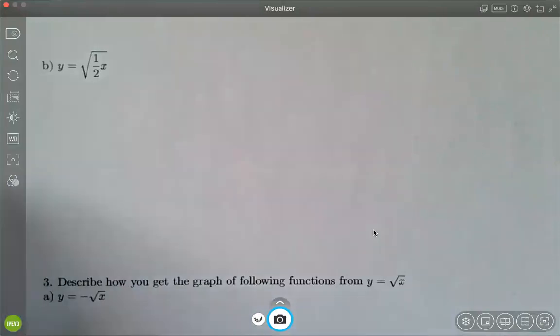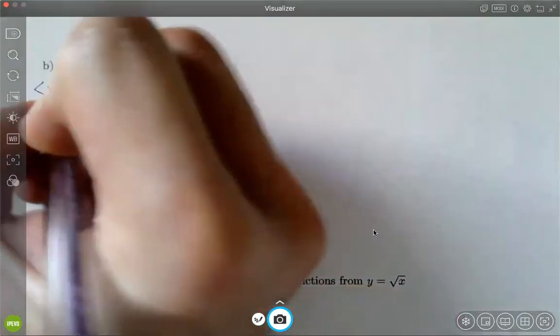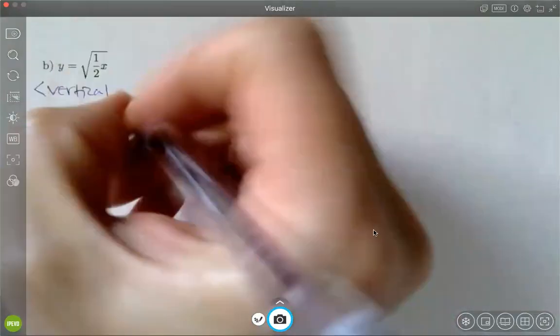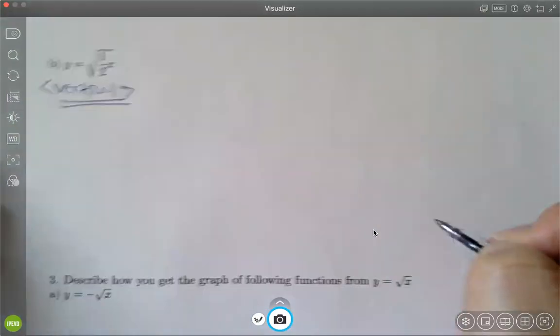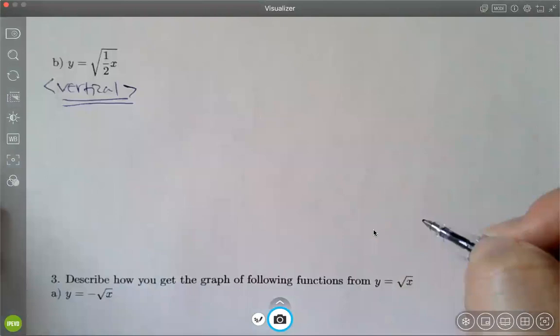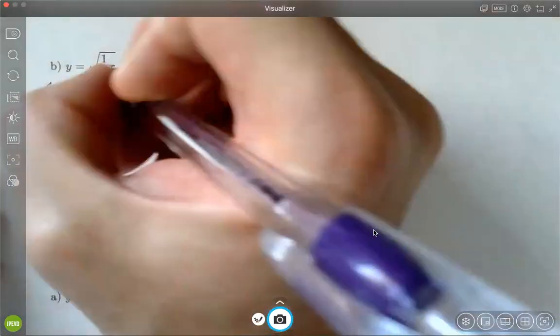Okay, so now first, let's use the vertical transformation. So that means vertical stretch and shrink. So now this is equal to square root of 1/2 x.